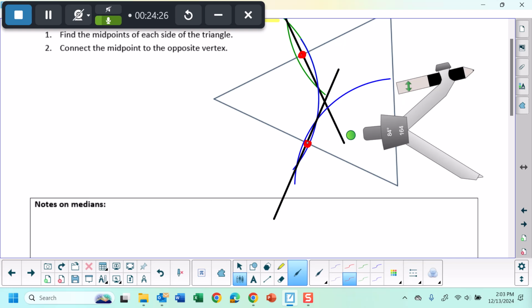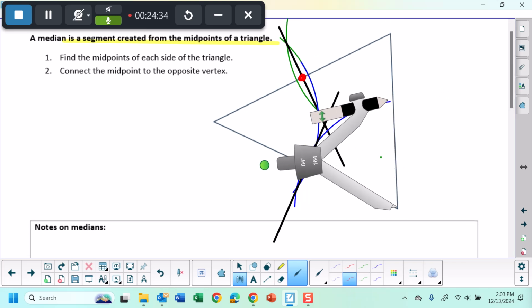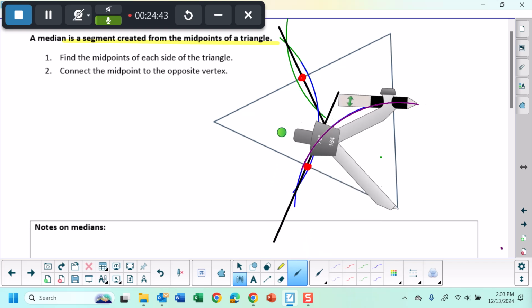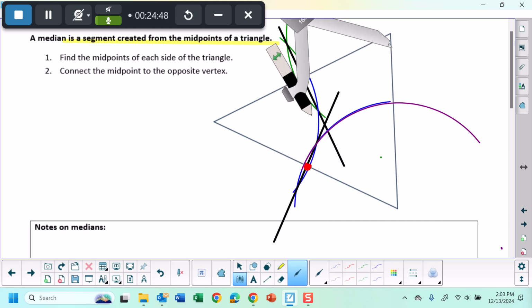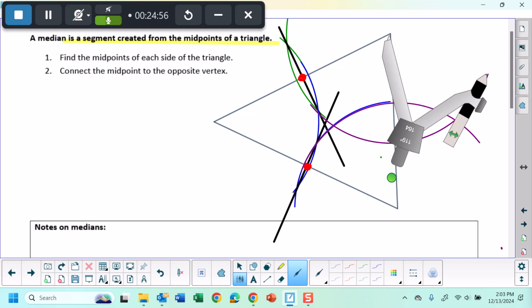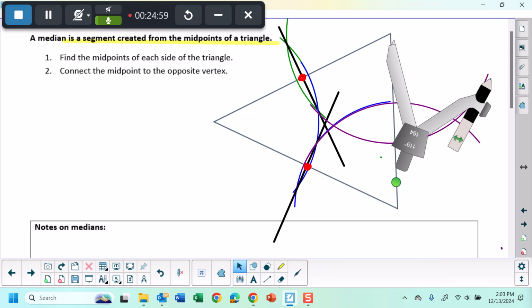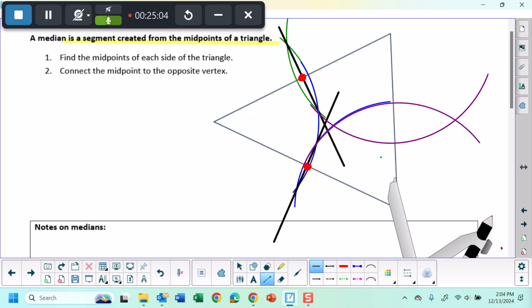Now I know our perpendicular bisectors meet and give us a holy cow wow moment, but that's not what we're going for today, because we're not talking about our perpendicular bisectors, we're talking about our medians. So when I draw these, even though I have all of these perpendicular line segments, what I really care about is the midpoint.